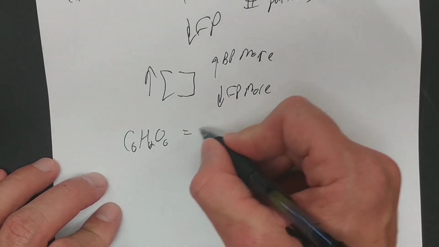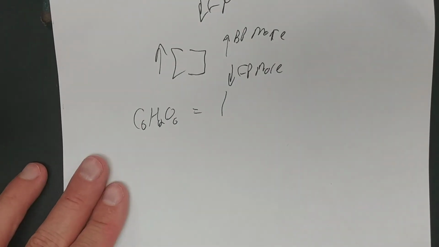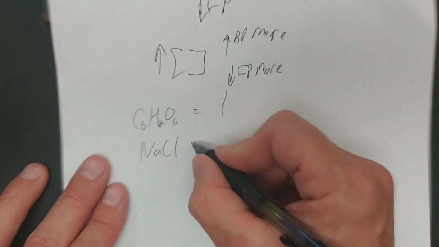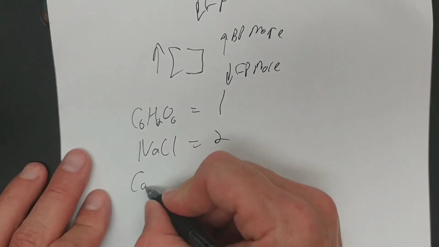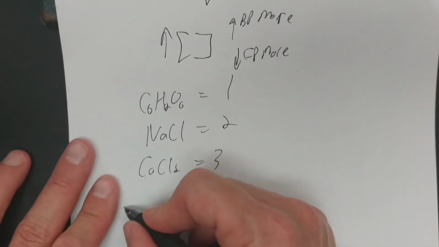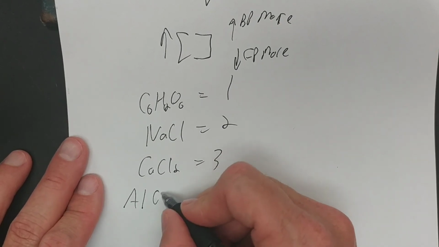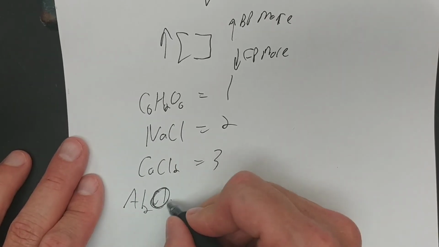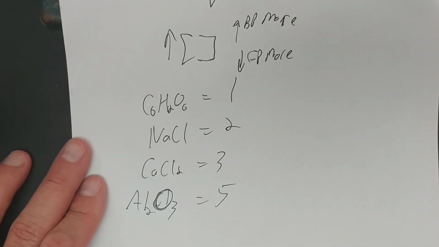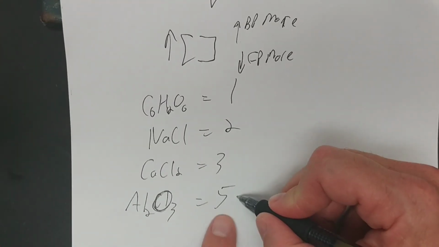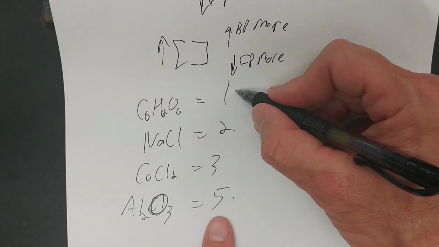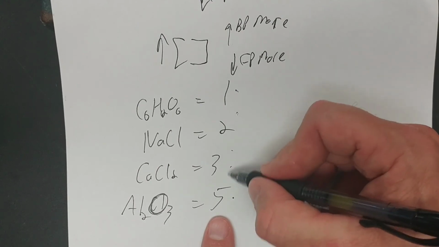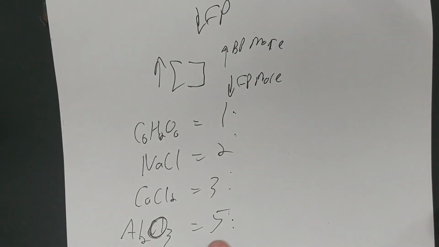Sugar, put it in water, it doesn't dissociate. You get 1 particle. NaCl, you get 2. CaCl2, you get 3. Al2O3, you get 5. This pushes it up the most. This pushes it up the least. More particles affect the freezing point and boiling point more.